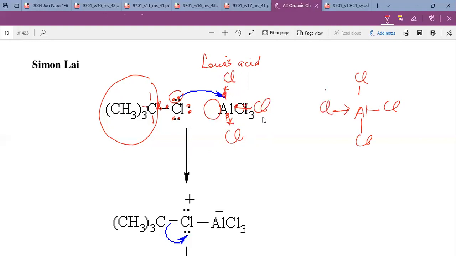So it's a dot, and then this pair will be attracted towards your chlorine to form a dot and a cross. This electron is a carbon electron, so this will become a negative sign, and of course you form your alkyl group now.